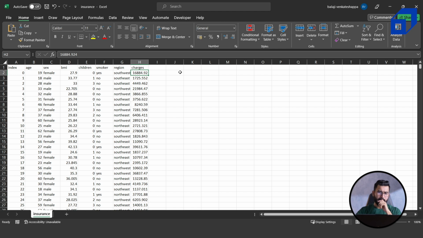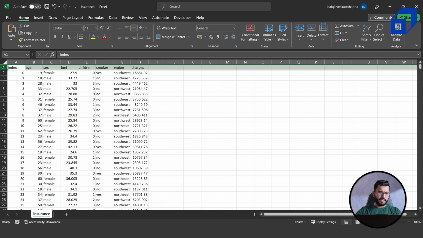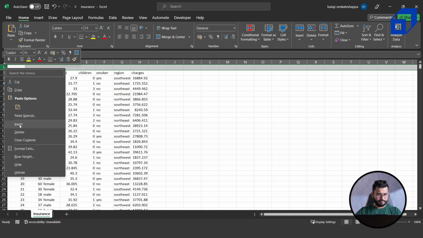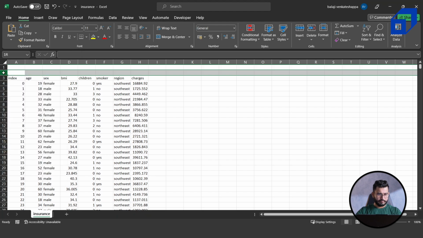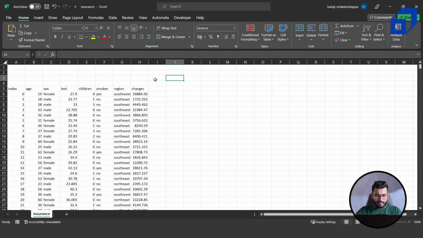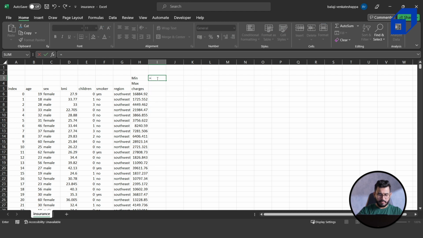Let's try to use min-max scaling. For min-max scaling, I need the minimum value. So let me insert quickly some rows. So let's say here I'm having minimum, maximum. I'm just calculating the minimum for age, is equal to minimum of the column age.